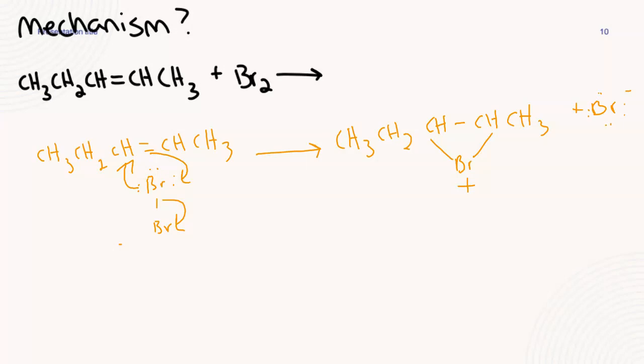Does that make sense thus far? Okay, and this is called a bromonium. Okay, so this follows anti-addition, which just means that both of those bromines will add to opposite sides of the double bond.